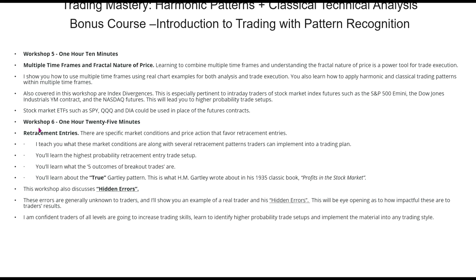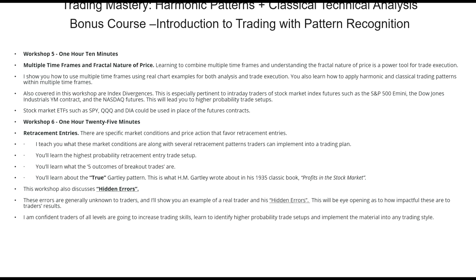And then the 6th workshop is on retracement entries. I think that there are only a couple specific market conditions that are going to favor retracement entries. I don't favor using just a Fibonacci retracement level just because it's a Fibonacci retracement level.